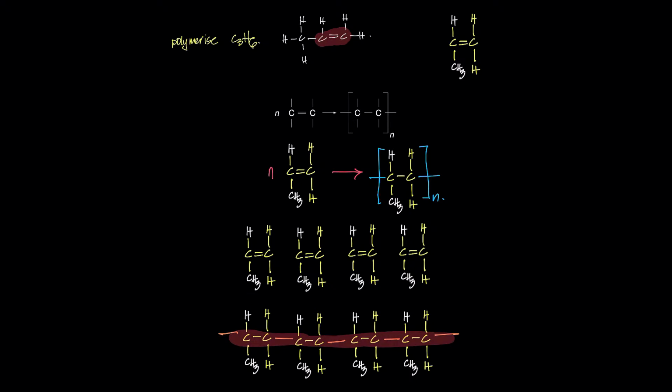This is the biggest mistake I have kids making when they come to A levels having done this. I'll show you some more examples. Rida, the polymer is just poly of the monomer.